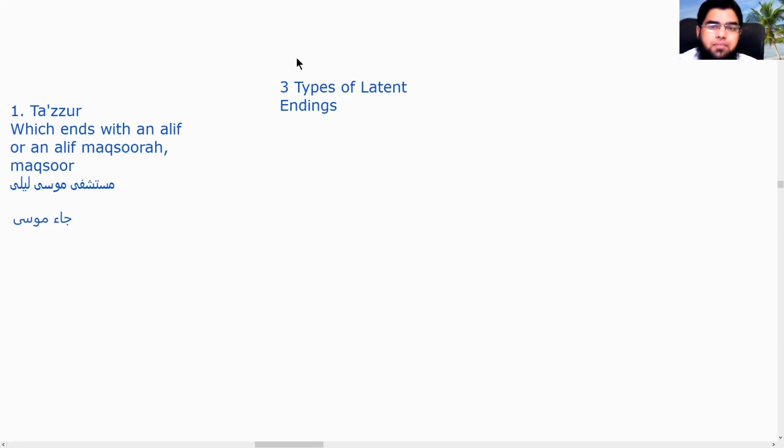Then the second type, which is siqal. Siqal is not impossible, but it's difficult. It comes in verbs also, by the way. I didn't give verb examples like yas'a, yanha, all those naqis verbs.